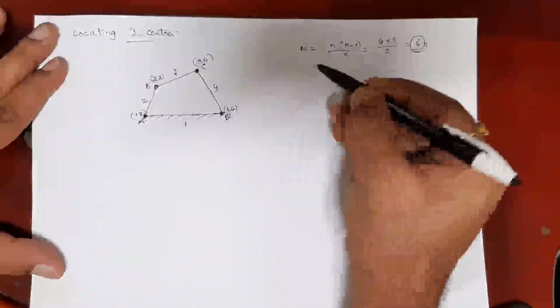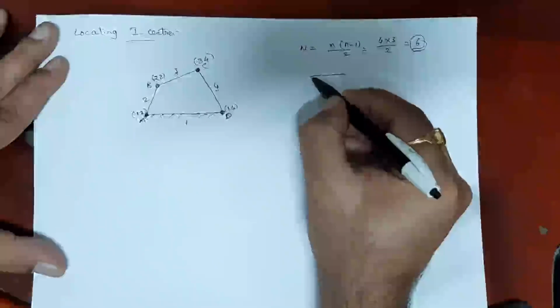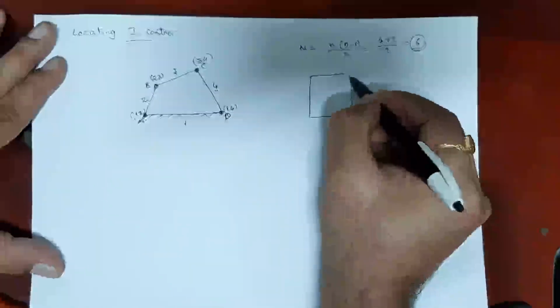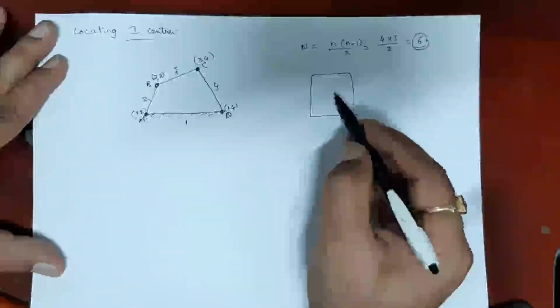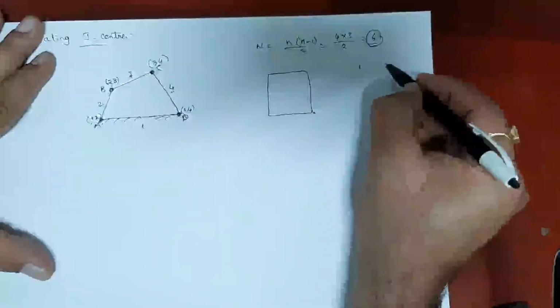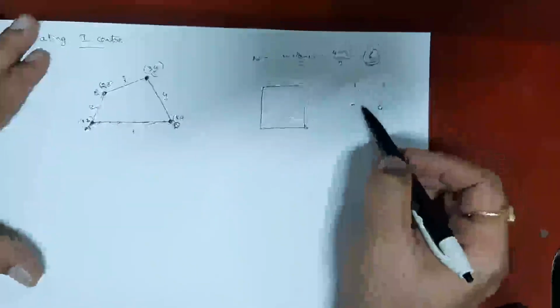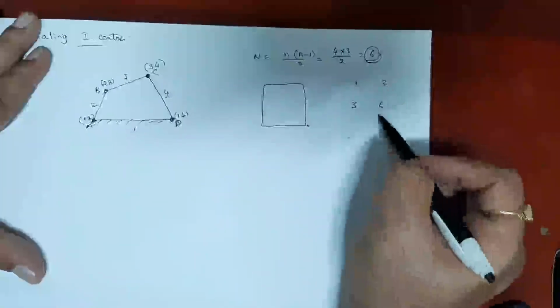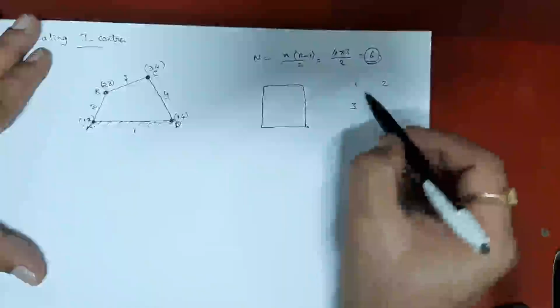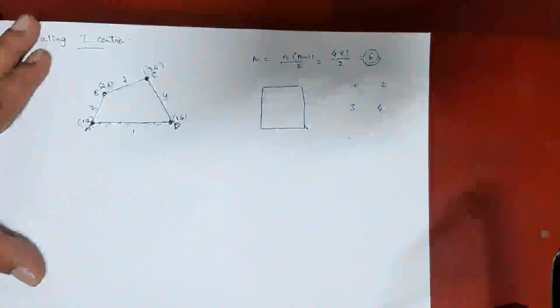To locate all the instantaneous centers, first you draw a diagram like this. You write 1 2 3 4, the number of the links. Here the number of links is 4, so I am writing 1 2 3 4.